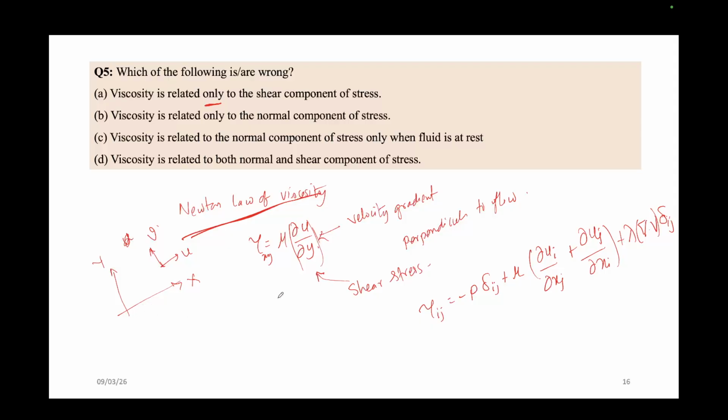But if I write here in this equation, there are two terms: one in the x direction and another in the y direction, right?